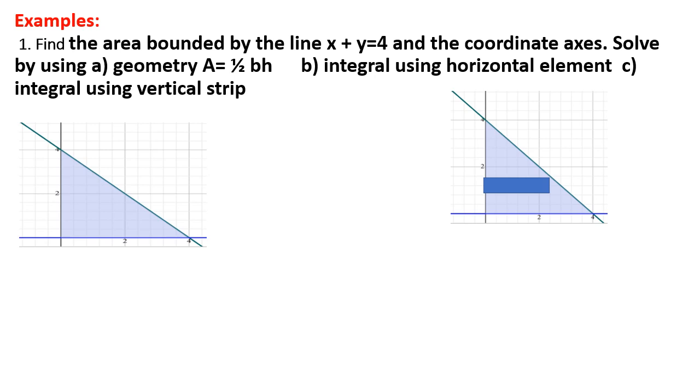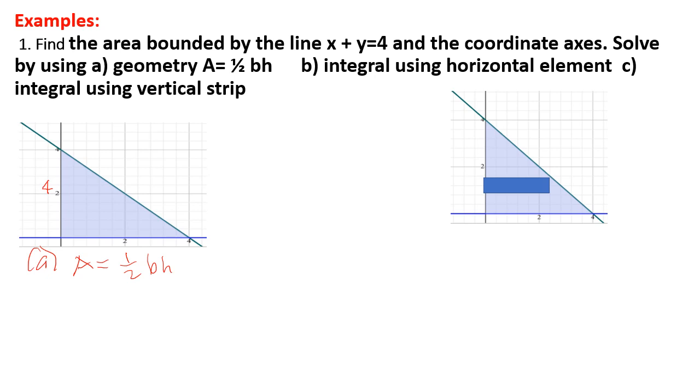So for letter A, area equals 1/2 bh. But your base here, when x equals 0, y equals 4. So the y is equal to 4. The same thing, when y equals 0, x equals 4.